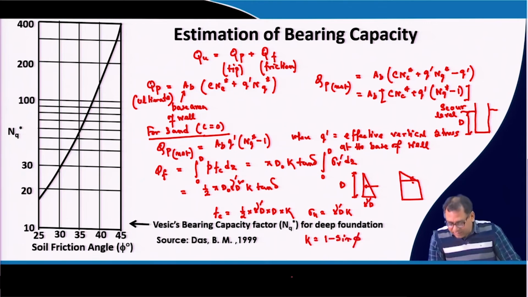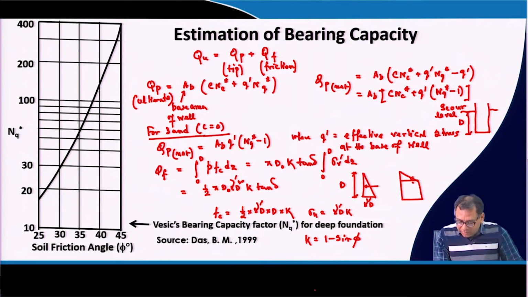And then delta we can take as 2/3 of phi for this particular case if no information is given. Otherwise, I have discussed what the delta will be for concrete under different conditions during the pile foundation, and that delta also you can consider.